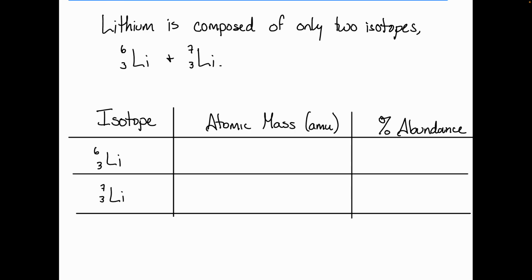All right, so first, lithium-6 and lithium-7. These are our two isotopes. I'm going to tell you the atomic mass of lithium-6 is 6.0151 AMU, and lithium-7 is 7.0160.